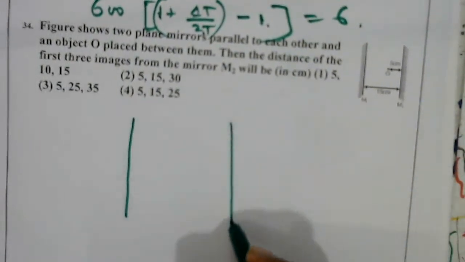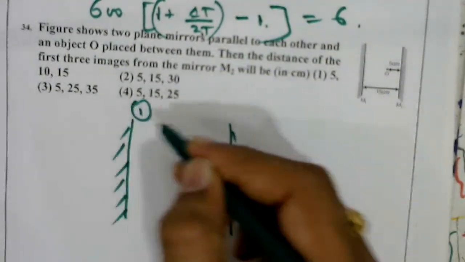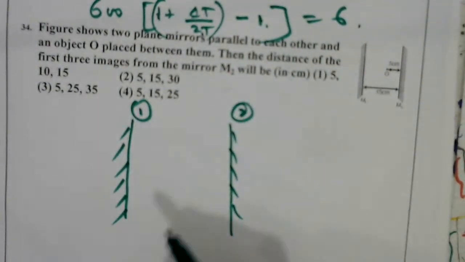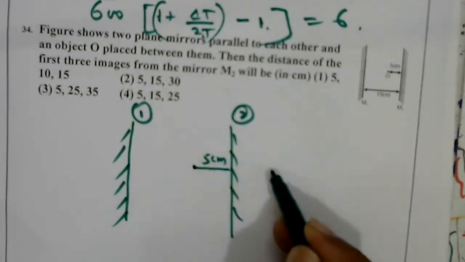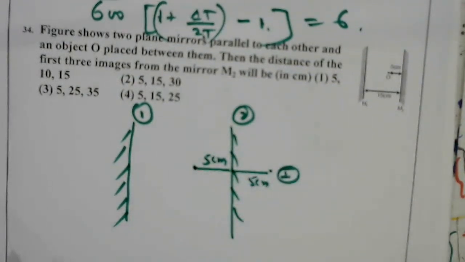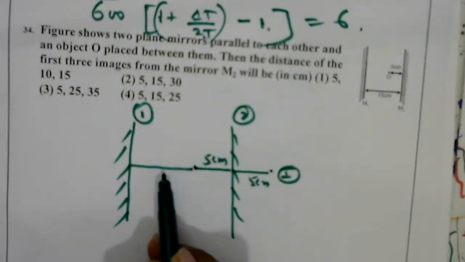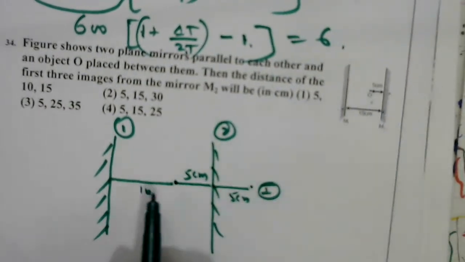See, here two mirrors are there. We are going to find this. This is the first mirror M1, and this is M2. From here to here, 5 centimeter, the first image will form at this point. First image at 5 centimeter. Second image: the distance from here to here, how much is it? 10, because the total distance is 15 and here 5 means this side 10.